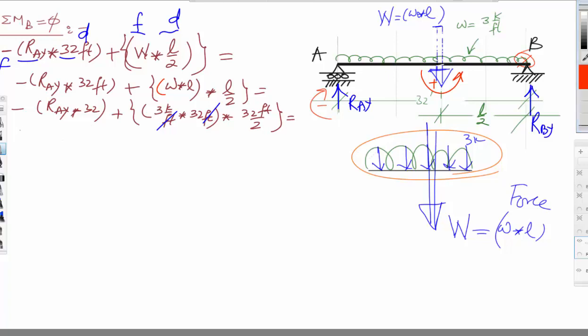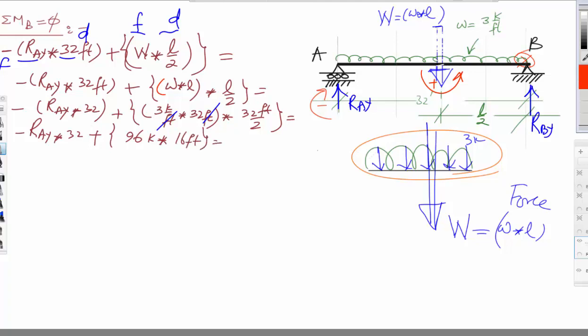So now minus RAY multiplied by 32 is equal to plus this force, which will be equal to, if you multiply 3 by 32, 96. 96 kip multiplied by the distance, which is half of 32, which is 16 feet.